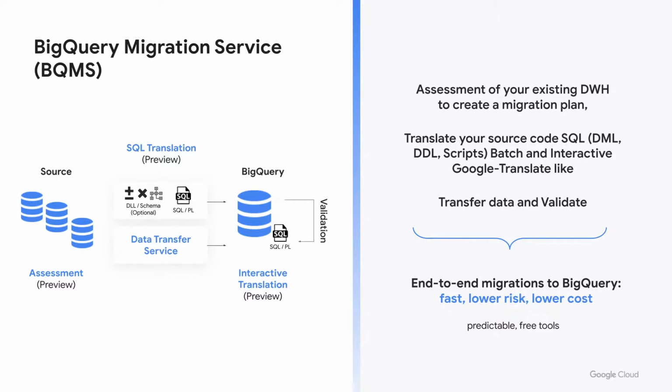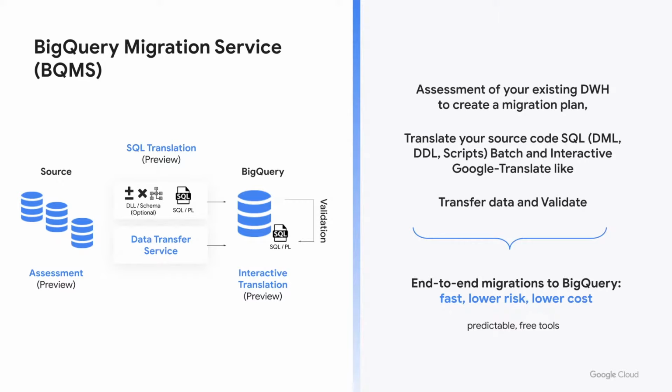It solves one of the hardest pieces of data warehouse migration, which is modernizing legacy business logic in SQL queries, DML, DDL, scripts, and stored procedures. It reduces manual effort, time, and errors to migrate.